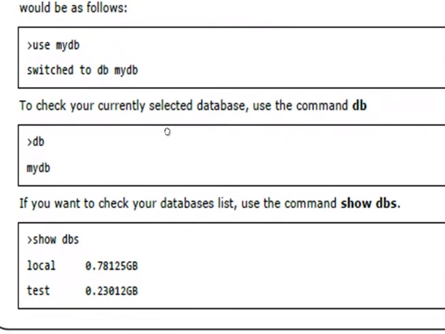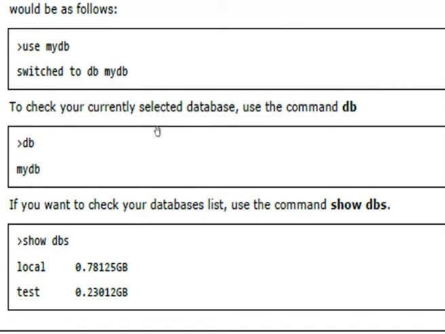Now, if you want to check which database is currently selected and which particular database you are working in, then you can make use of the command db. Simply type the keyword db, and it will display the current selected database. Here in this scenario, the current selected database is MyDB.